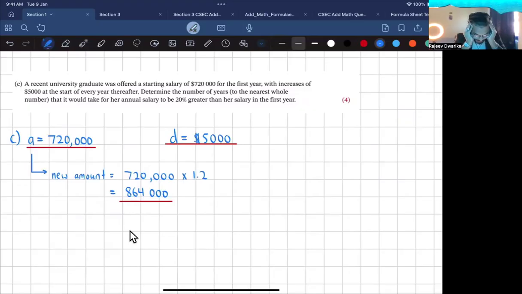Annalie, would you have done that as well? Probably. But Annalie, you understand where I'm coming from, right? It seems like we're trying to go up to that term, and that term we're trying to go up to is 864,000. So we would use the nth term.